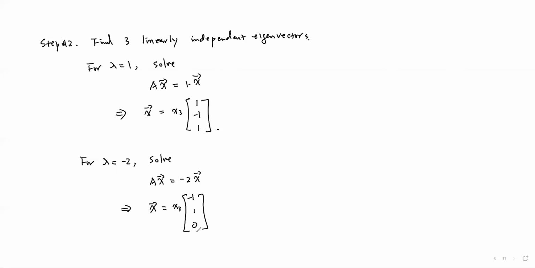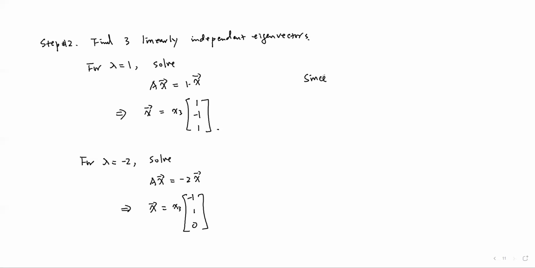This time, we only have 2 linearly independent eigenvectors. All other eigenvectors depend on these 2.